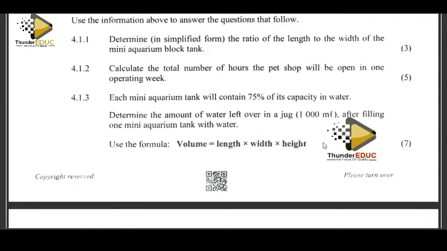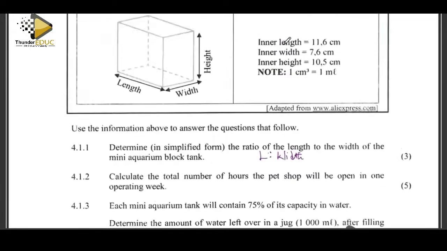So what you do first is to write down. We are looking at the ratio of length to width. We go to our information that we need to pick. Ratio of length to width. So for length we have 11,6, and the width is 7,6.